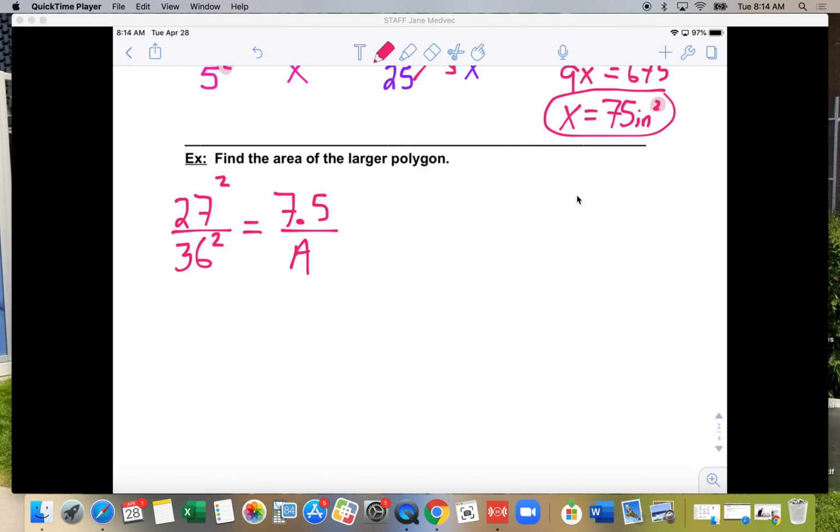So now what I'm going to do is I'm going to take this and clean it up a bit. 27 squared is 729. 36 squared is 1,296. And I still have 7.5 times the area.